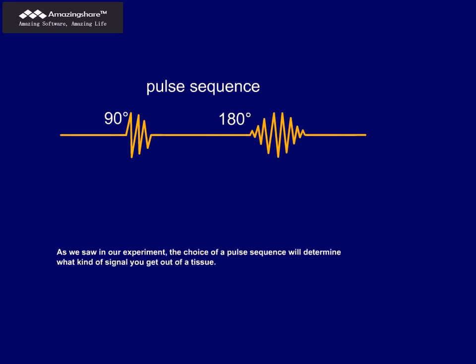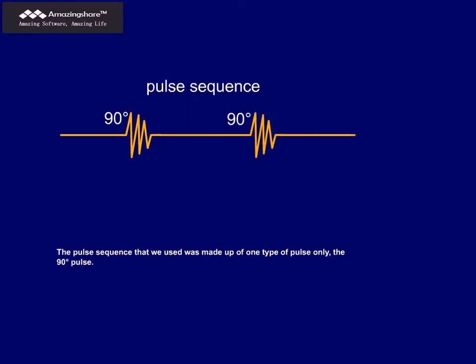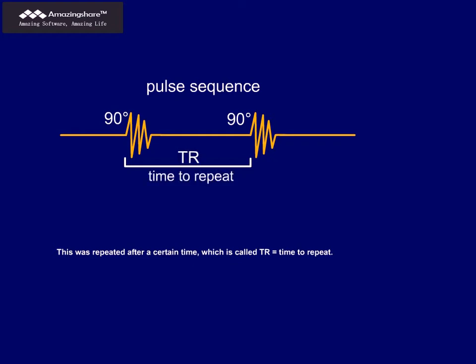As we saw in our experiment, the choice of a pulse sequence will determine what kind of signal you get out of a tissue. So it is necessary to carefully choose and also describe the pulse sequence for a specific study. The pulse sequence that we used was made up of one type of pulse only, the 90-degree pulse. This was repeated after a certain time, which is called TR, time to repeat.